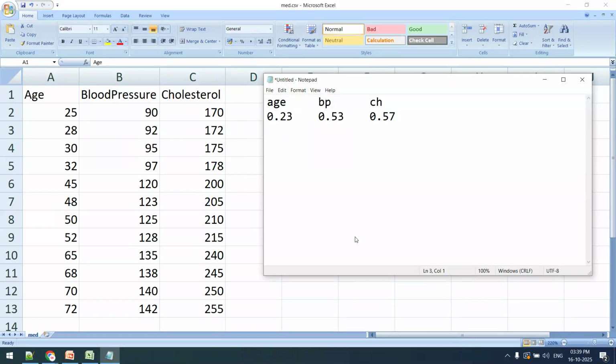For example, age 25 will be converted to 0.23. BP will be converted to 0.53. 170 will be converted to 0.57.